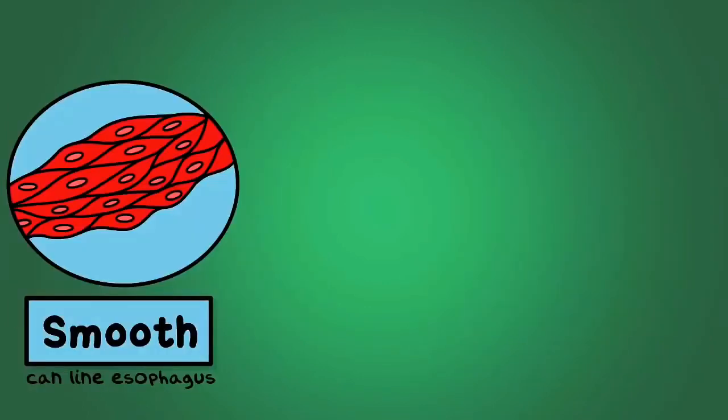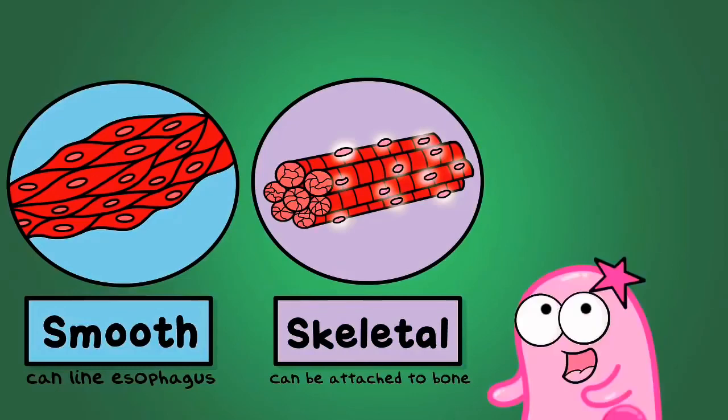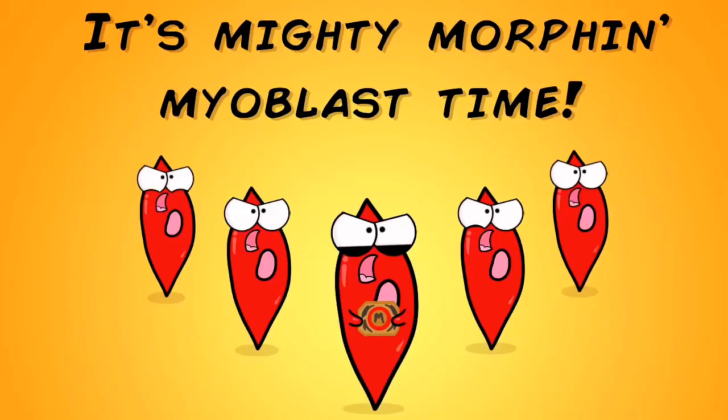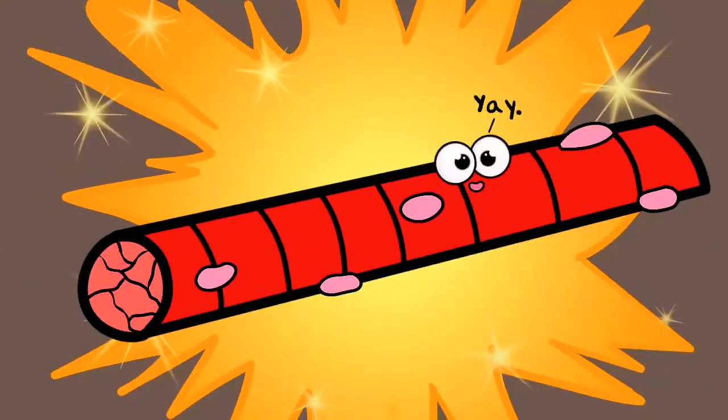Smooth muscle has a shape that kind of tapers at each end, often described as a spindle shape. Skeletal muscle cells are long and cylinder-shaped and often bundled. They can have a lot of nuclei too, which is definitely interesting. If you're curious about why, it has to do with the fact that these cells develop from myoblasts, which have fused together, so go to Google to find out more.